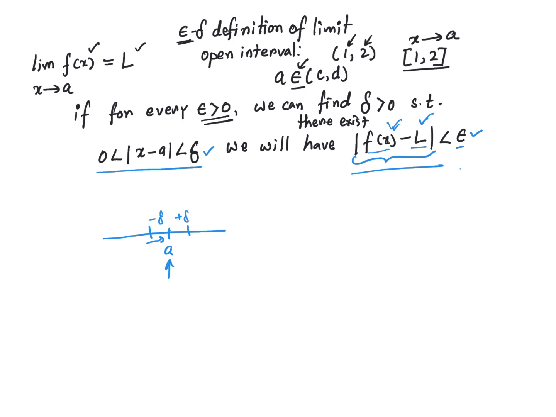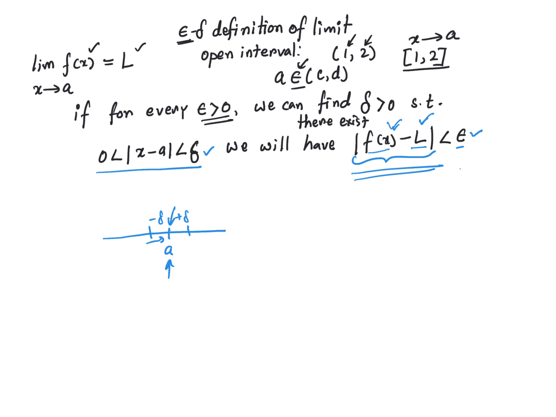No matter how small you make it, you'll always be able to find a certain set of values of x around a which ensure that the difference between f of x and L is less than the epsilon value, whatever value you decided.